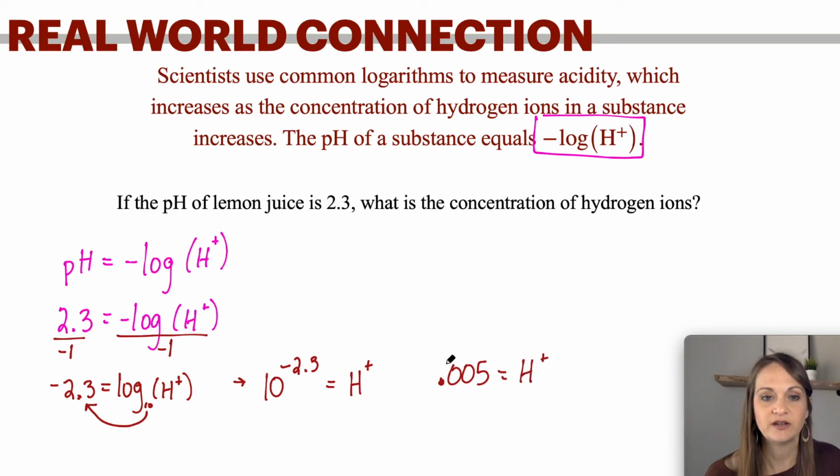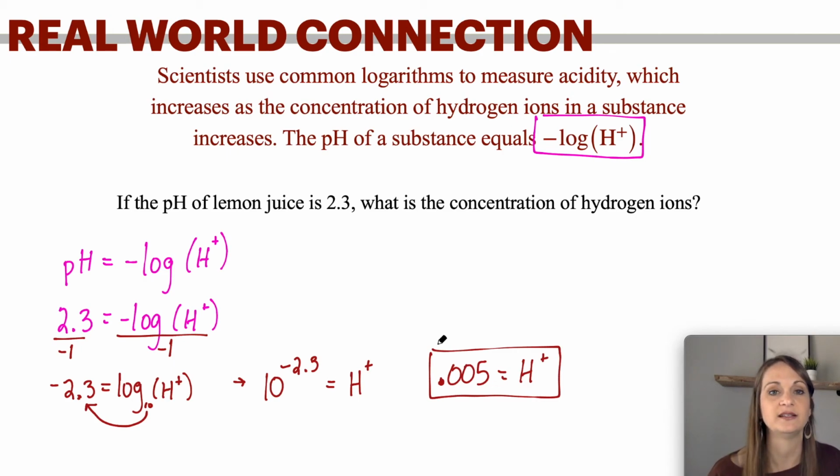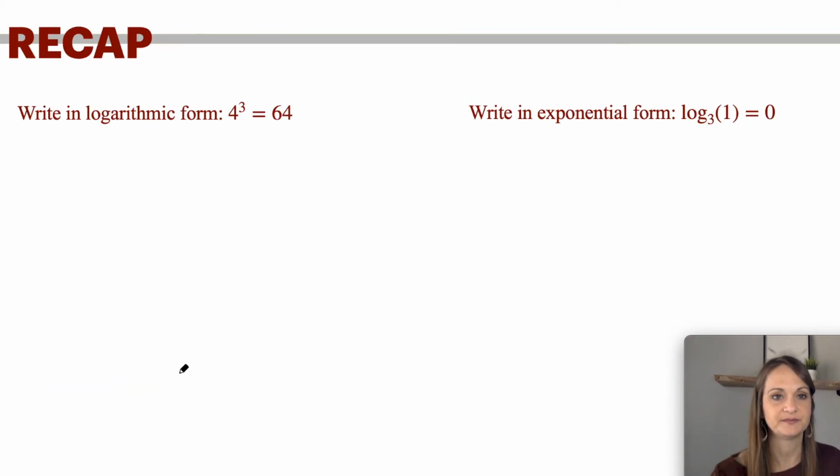That is the concentration of hydrogen ions in lemon juice. Again, the first thing you have to do is get rid of the negative, and then you rewrite the log as an exponential. The log has a base of 10, so you can rewrite it as this base raised to that becomes the exponent is going to equal this inside.